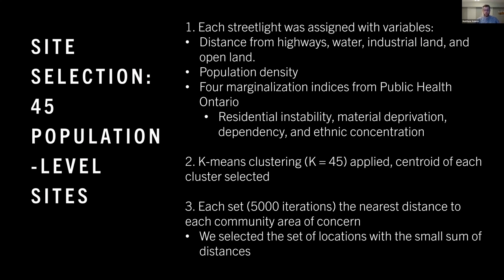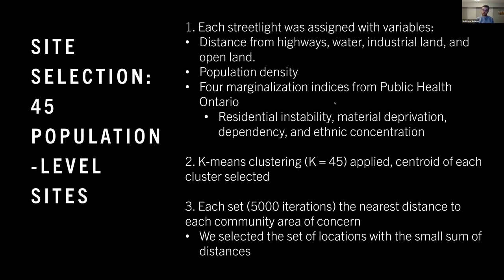And then we also looked at what's called a marginalization index. This is a measure of those socioeconomic characteristics of the population that looks at 4 different dimensions, but these dimensions are associated with health risk in general. So the more marginalized a community is, the higher the non-air pollution related risks are there.